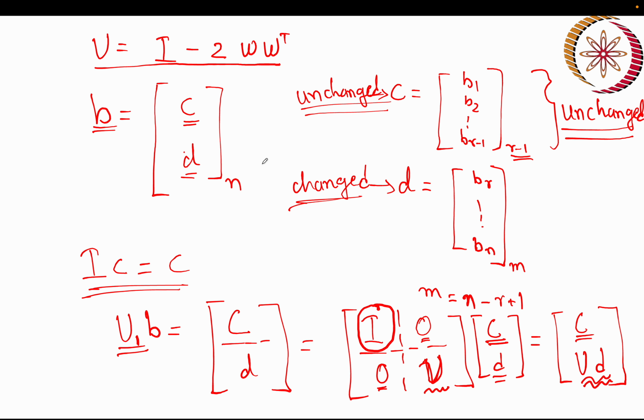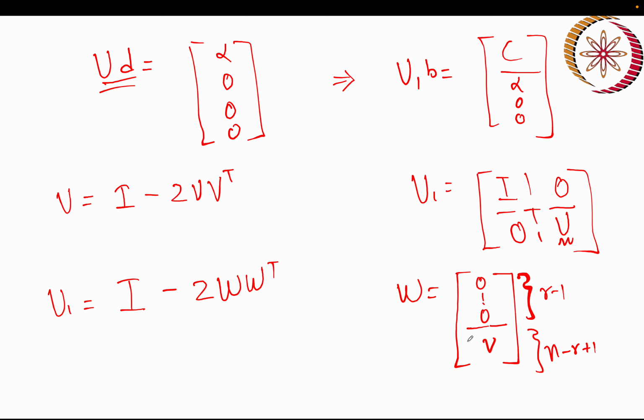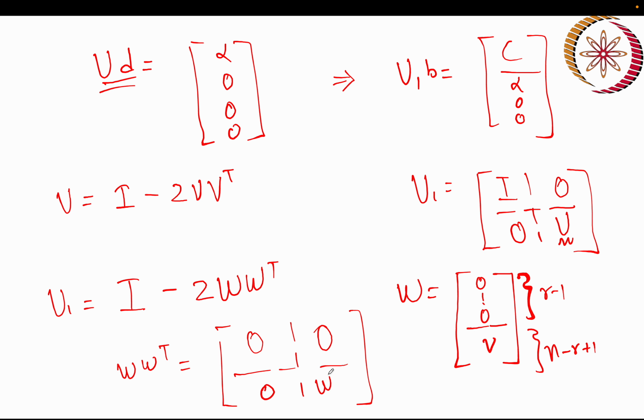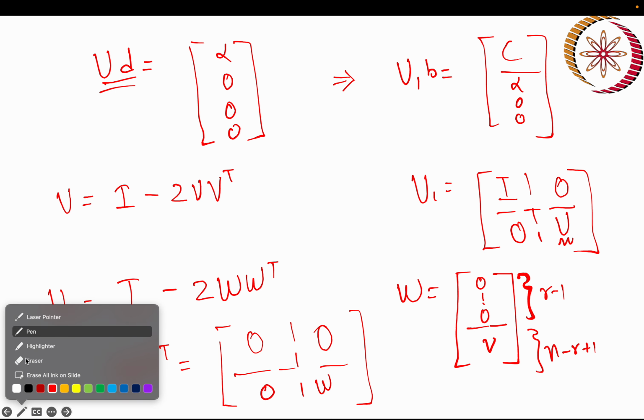Why it is done is because if you take W W transpose, we'll get 0 here, because the first terms are 0, this is also 0, this is also 0, and we'll get V V transpose.